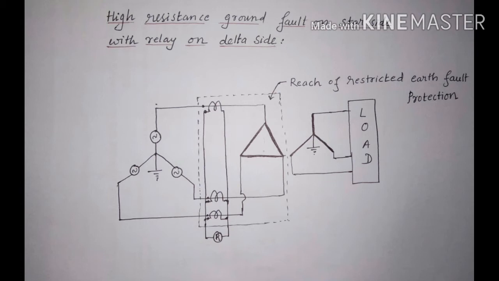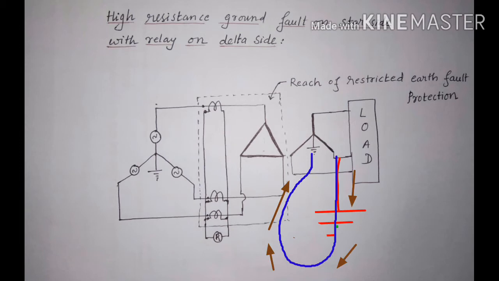If a fault occurs on the star side between the phase and the ground, then the zero sequence currents will flow on the star side between the faulted phase and ground, but there will be no zero sequence currents on delta side.